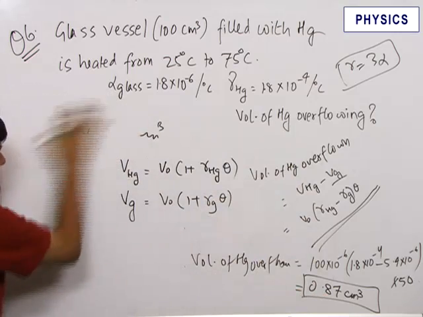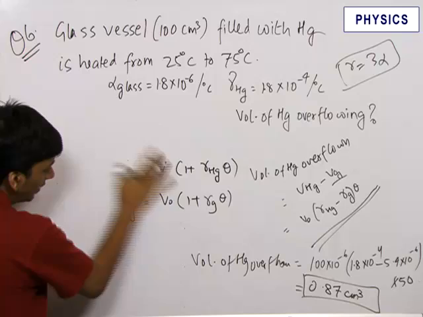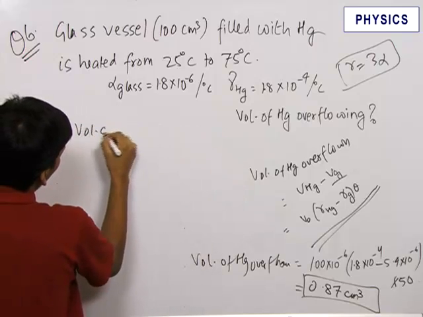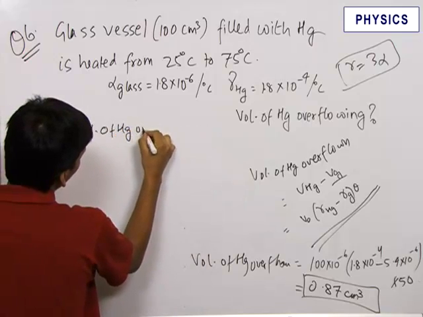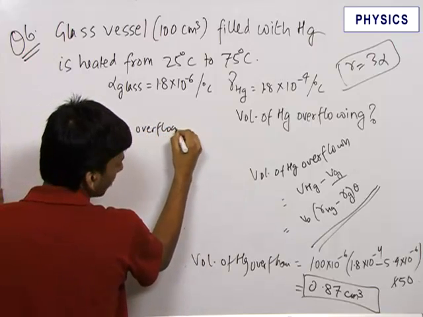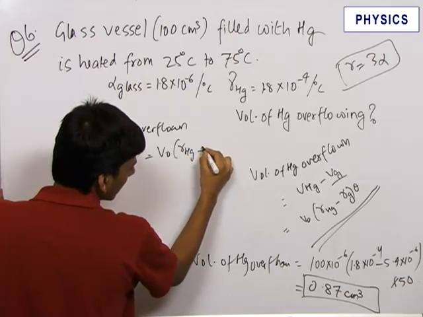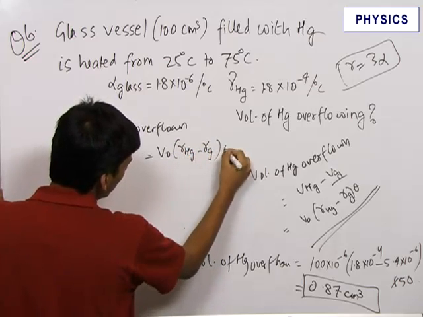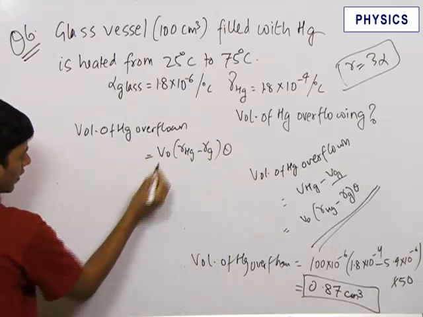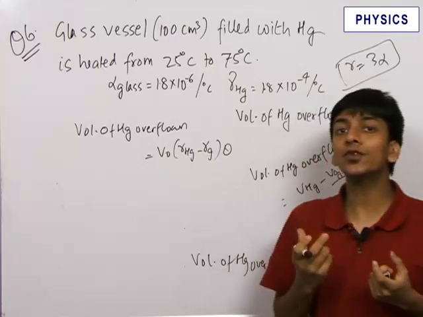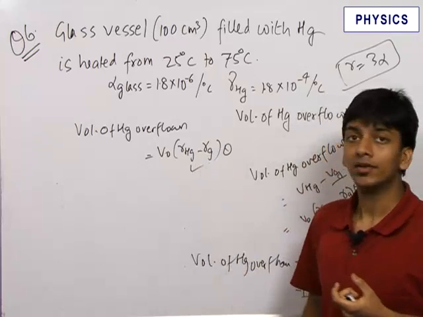But one thing you should realize in this question and remember as a formula for the future: the volume of mercury overflown came out to be V0 into gamma Hg minus gamma of glass container into theta. Therefore, the increase in volume of mercury relative to the glass container came out to be this much.